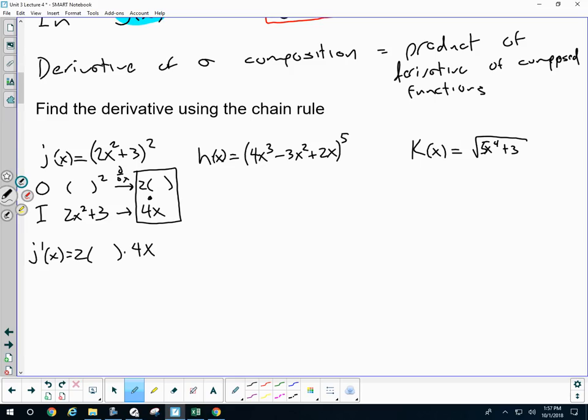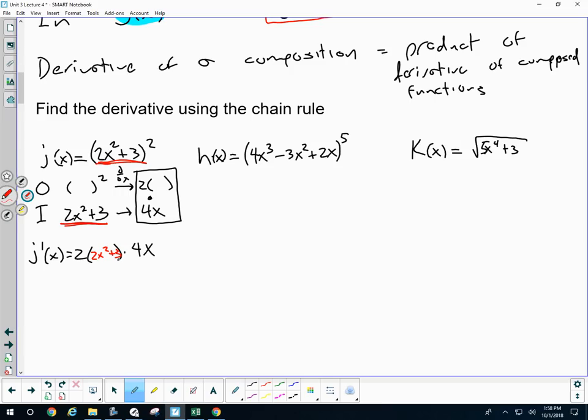But we're not going to leave a derivative with just some blank space, okay? It's derivative of the outside, leave the inside alone, times the derivative of the inside. That means we have to understand that 2x squared plus 3 started inside the parentheses being squared. So we are going to place that back in there.